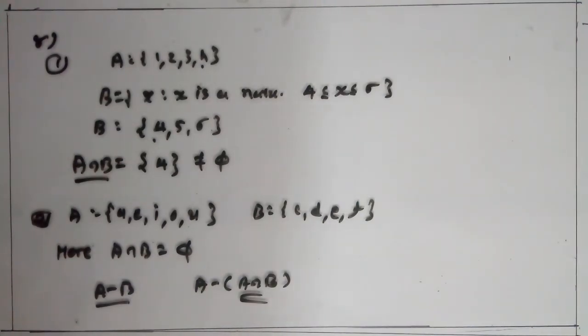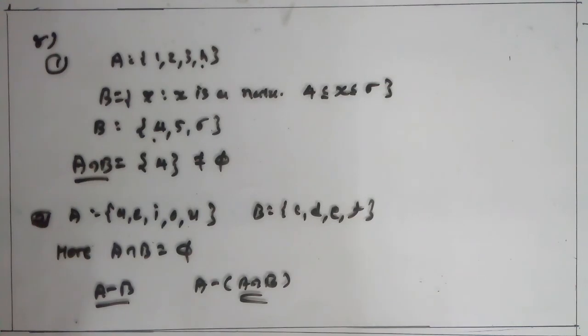If R is the set of real numbers and Q is the set of rational numbers, then what is R minus Q? Just think about this and solve it yourself. Number 12, state whether each of the following statements is true or false.